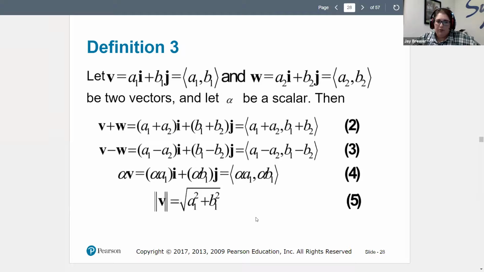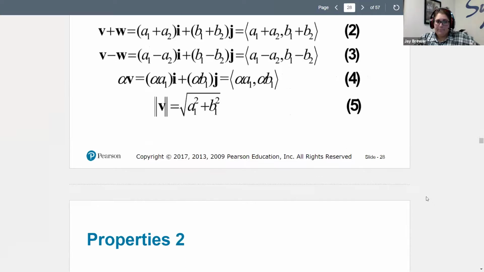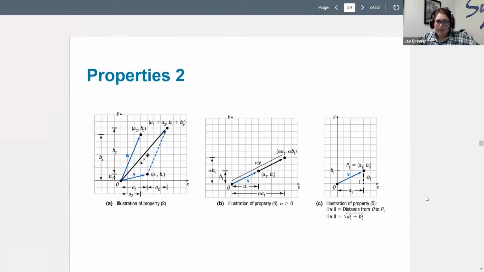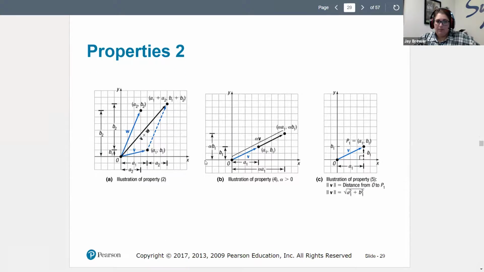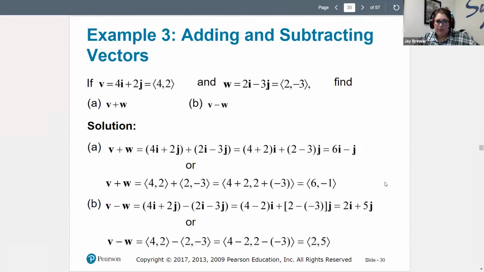Obviously the magnitude of w there would be equal to the square root of a sub 2 squared plus b sub 2 squared. And then you can see that all of these points have been illustrated. All right, and then we do have an example.